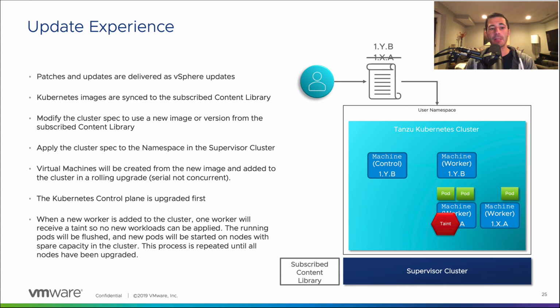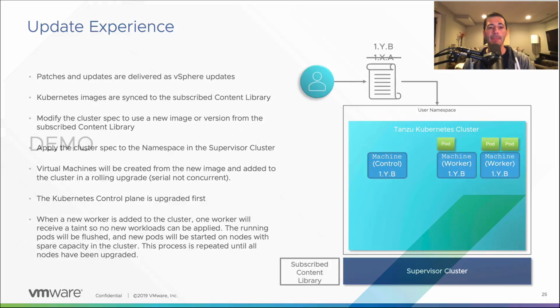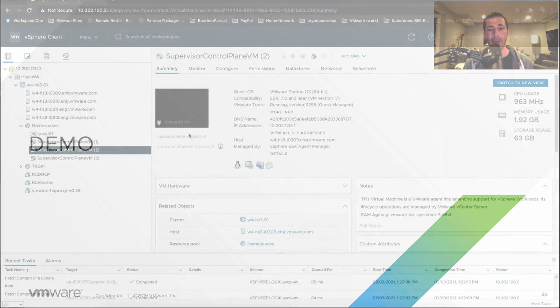Instead, it's now going to flush all the pods, meaning that all the pods will be killed, and Kubernetes, the control plane, is responsible for restarting or respawning those containers onto another worker inside the cluster. Once that happens, the worker is demoted and removed from the cluster. The same process goes over and over again until all of the nodes are remediated. So let's go ahead and jump into a demo.